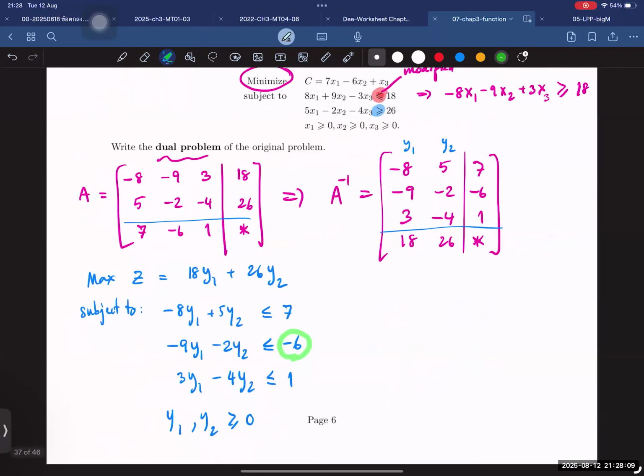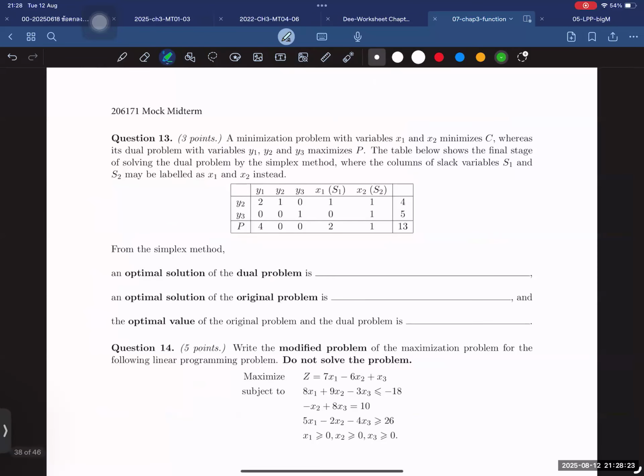There is another type of method, but that's okay. We don't care about this problem. The next one, we want to minimize a problem with the variables x1, x2.